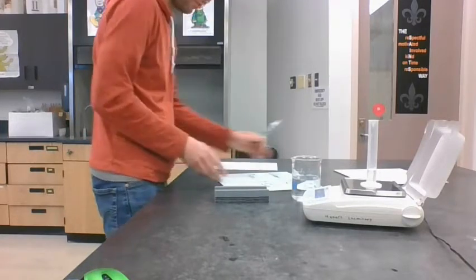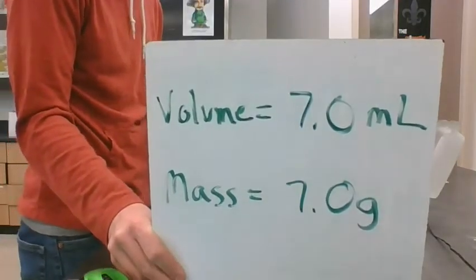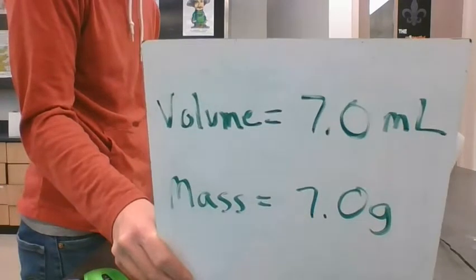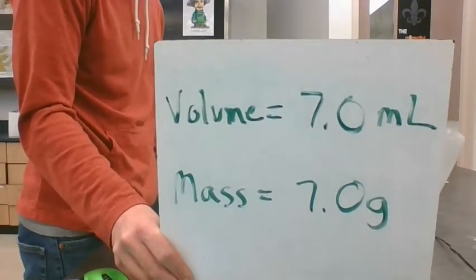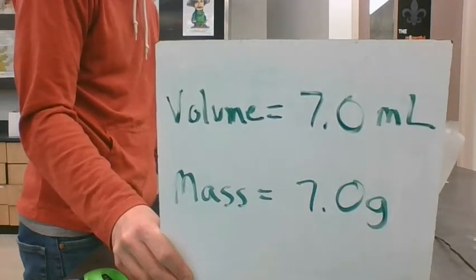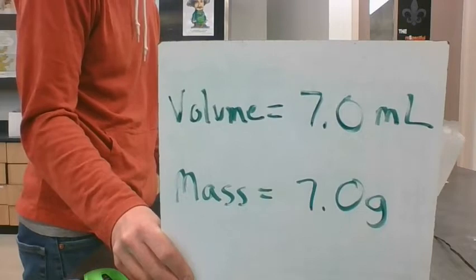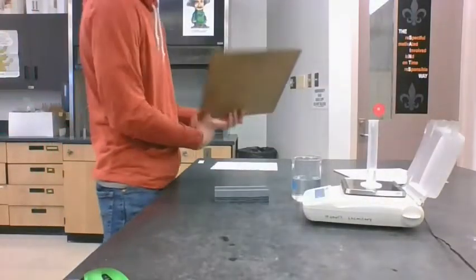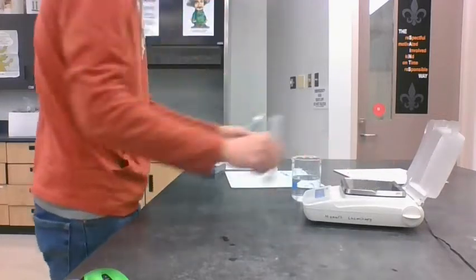Well, that's also going to be 7.0 grams. Interesting. So 7.0 milliliters was the volume, and 7.0 grams is the mass for that second amount of water. That's 2 sets.